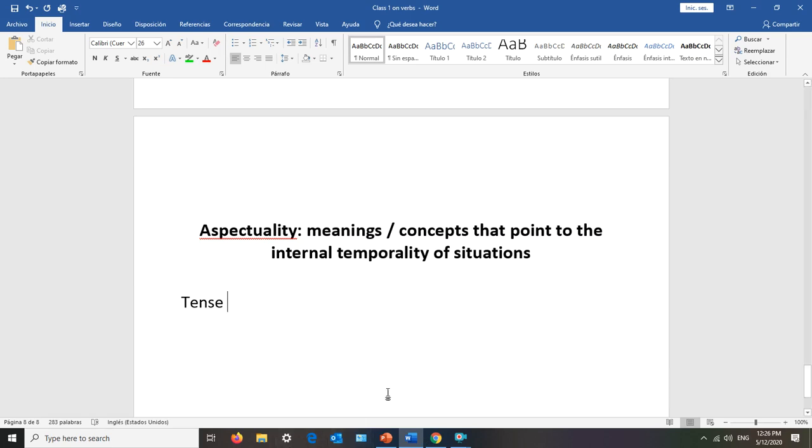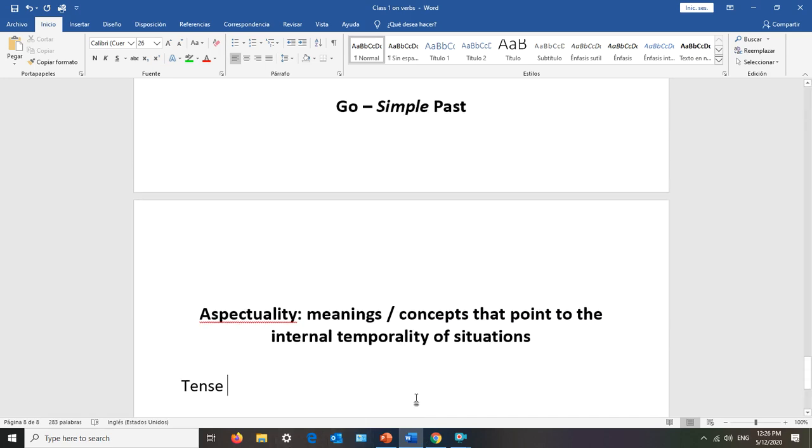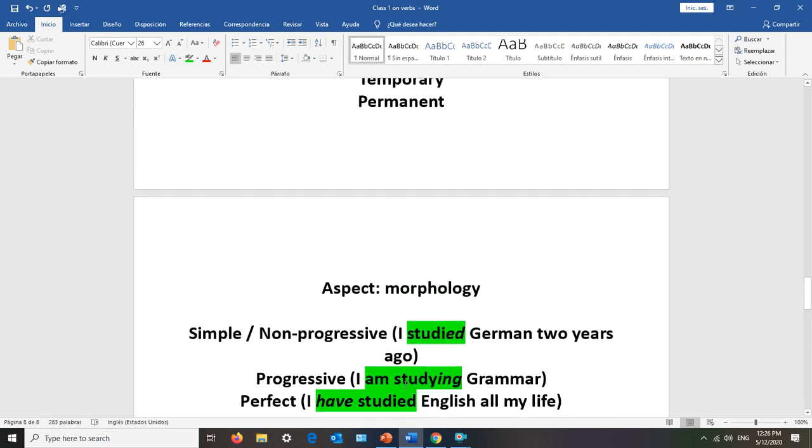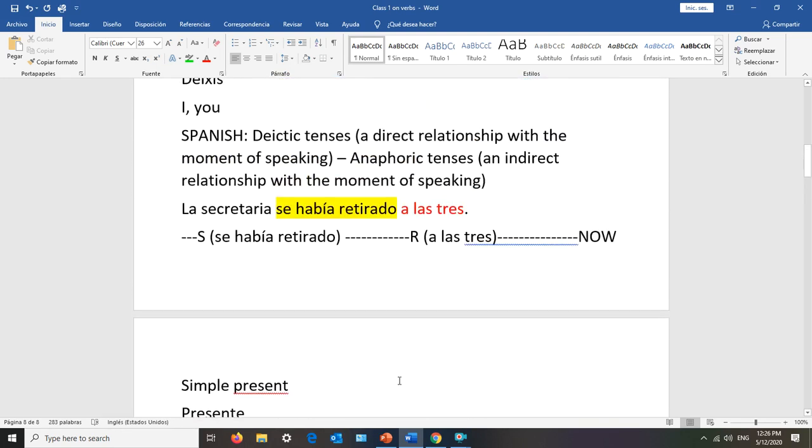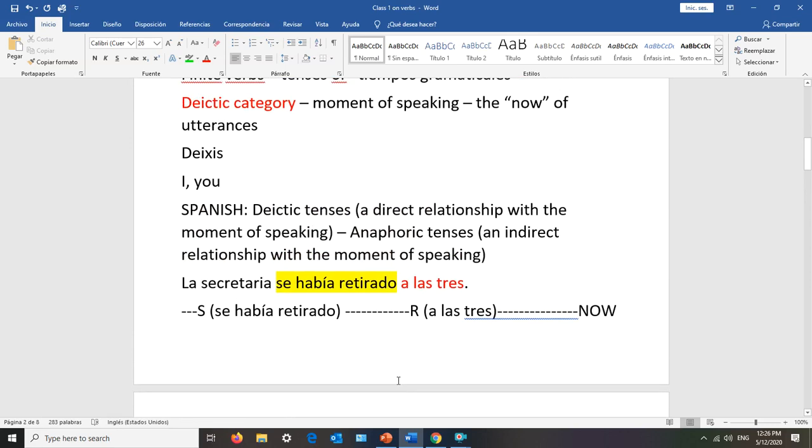So, in the same vein as we established tenses in Spanish as being deictic, that would be absolute, or anaphoric. I am continuing with Comrie's text.